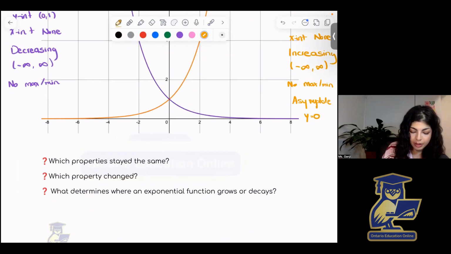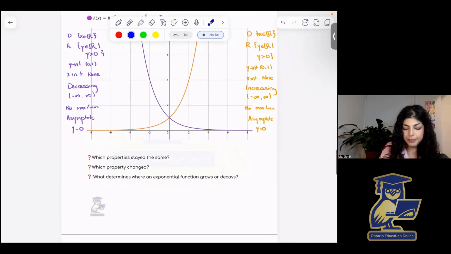And same with the other one, asymptote. Now keep in mind with asymptote, and we are actually seeing it with both of these. In the case of the purple function, our asymptote is when x is approaching infinity, whereas in the orange function, or our y equals 2 to the power of x, we actually have the asymptote as x is approaching negative infinity.